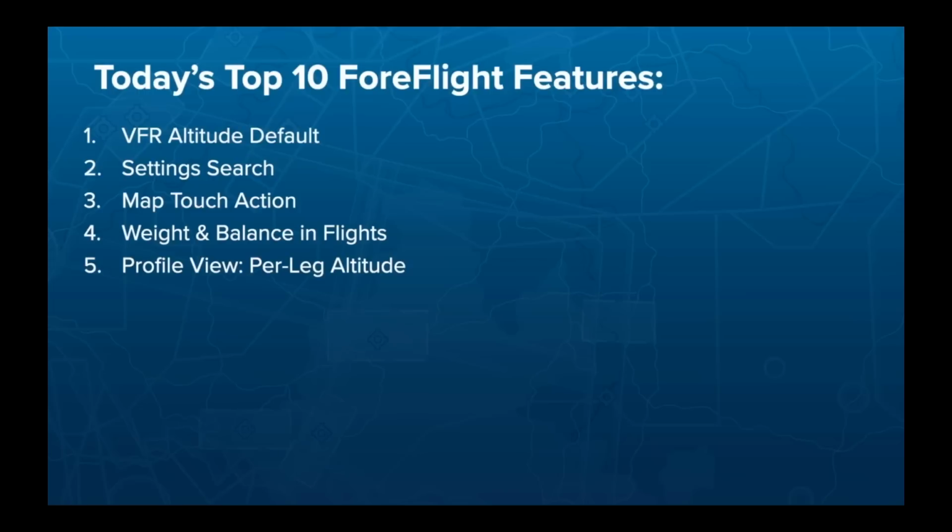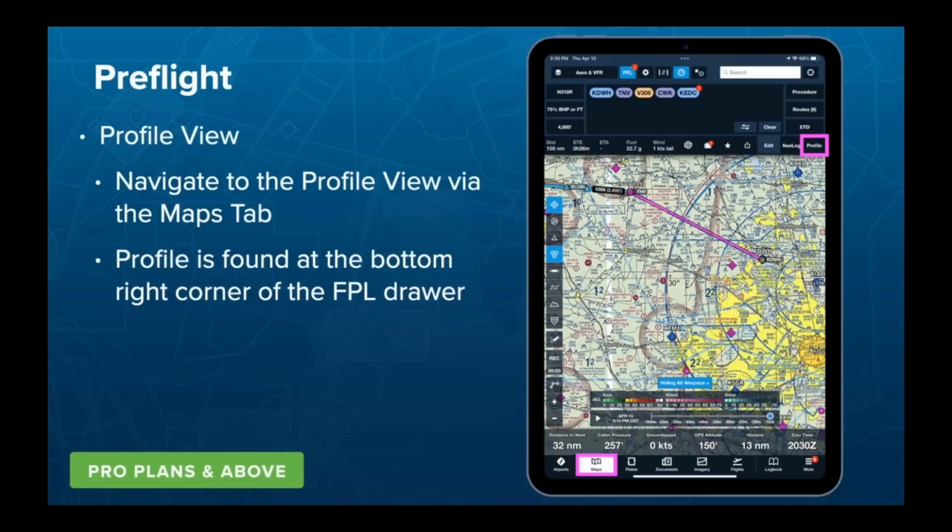Yeah, definitely. Thanks, Josh. So we'll take it over to the profile view on the Maps tab. ForeFlight Mobile encompasses this profile view. It provides so much data and information for your route. One of the cool features that we have here is the ability to adjust altitudes for a specific waypoint on that route.